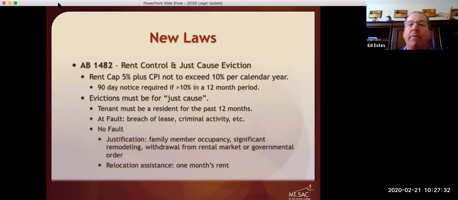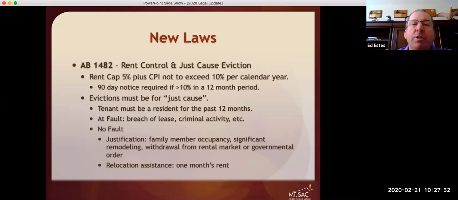So we have the calendar cap, but then we also have this 12-month cap. Basically, the legislature does not want you raising the rent more frequently than every 12 months. So they got you on the calendar year and they got you on the 12 months. So just an FYI on that.